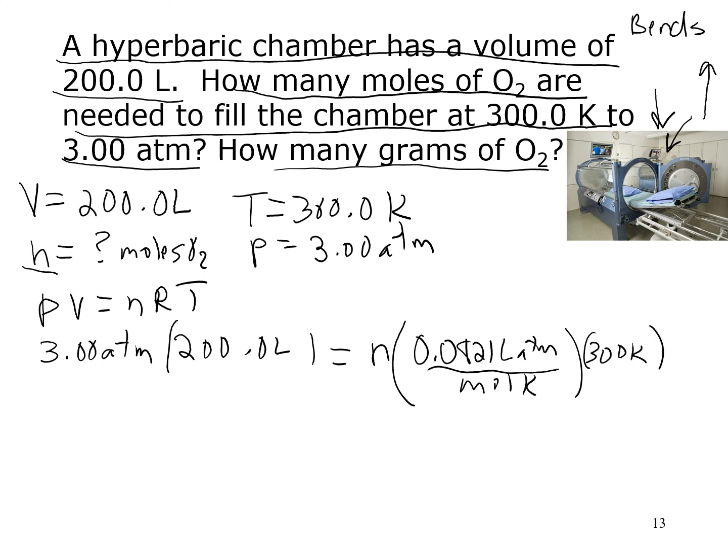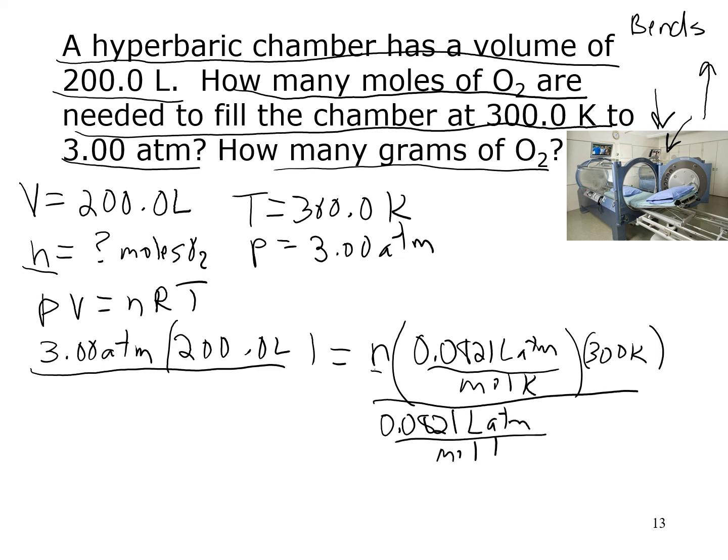In this problem, we want N by itself. So we're going to need to divide both sides by the same thing. So 0.0821 liter atmospheres over mole K and 300. That cancels everything on the right so that we'll get moles by itself. So we must do the same thing on the other side.